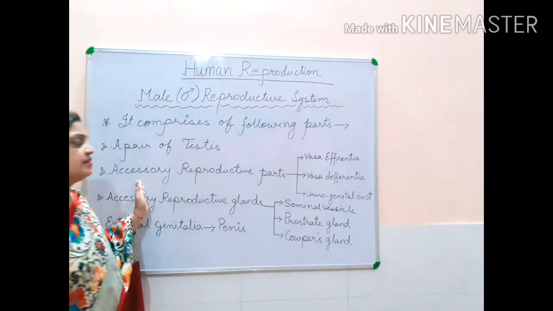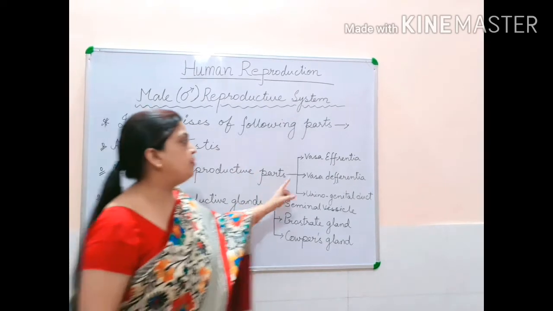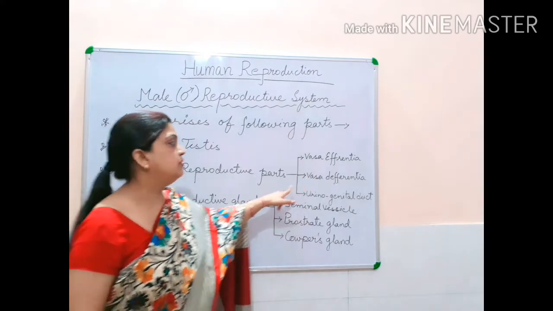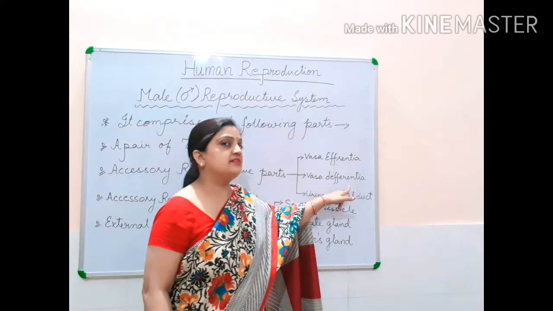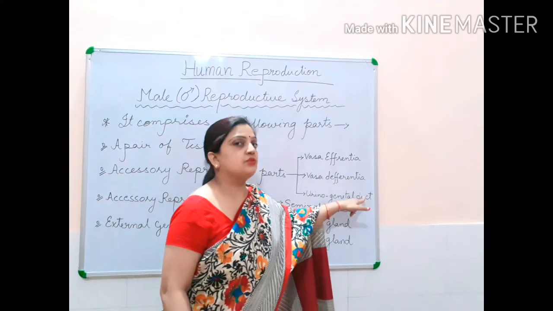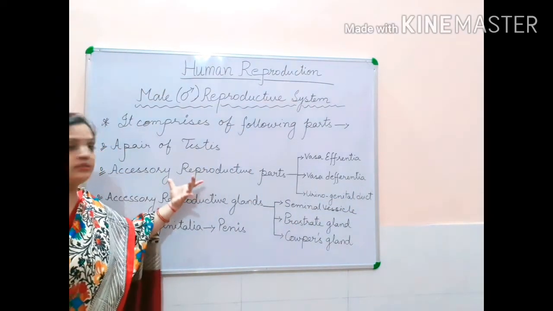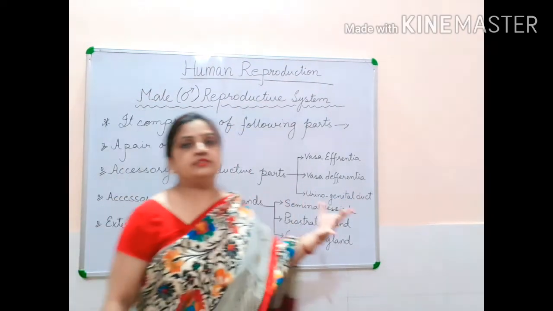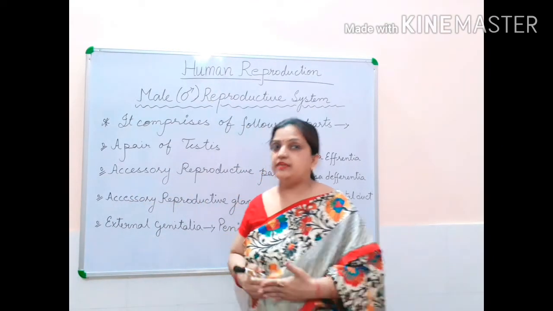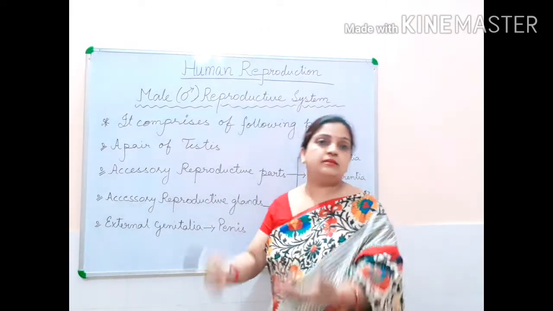So the accessory reproductive parts of the male reproductive system are made up of vasa efferentia, a tube-like structure, vasa deferentia, again a tube-like structure, and the urinogenital duct, which is also a duct. So these are the reproductive parts. In the last video I discussed that the primary sex organ is the testis, whereas there are some secondary sex organs which support it.